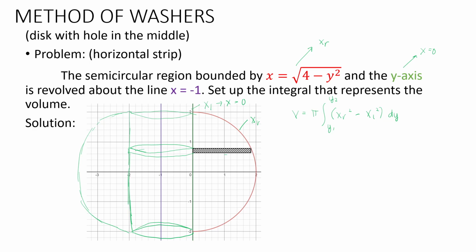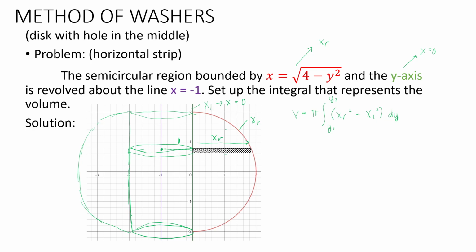So if this one is our center, going towards this distance, 1 unit to the y-axis, and then going to this unit here is the entire x right.